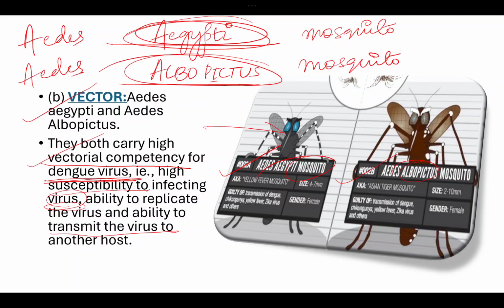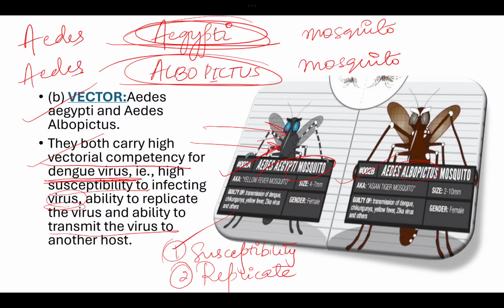They have a high susceptibility to dengue virus; they are very much susceptible to it. Second, they have the ability to replicate the virus. And third, they have the ability to transmit the virus to another host, which is nothing but humans.